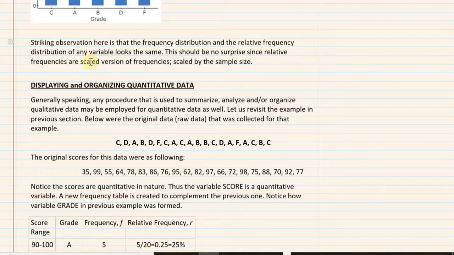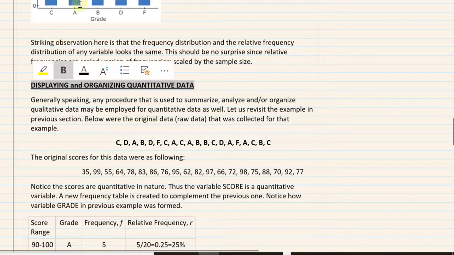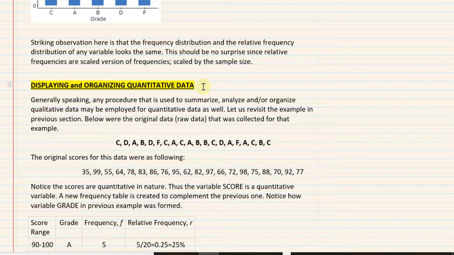Now, what can I do with quantitative data? That's what this one is, right? How can I display that information? So with quantitative data now, you can do everything you do with qualitative, okay? And then some. You can do more with quantitative. So here it is.